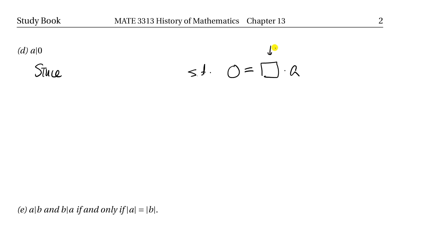Then what number makes this multiplication become 0 for any non-zero A? A is not 0, right? So the only number should be 0 there. And 0 is an integer.